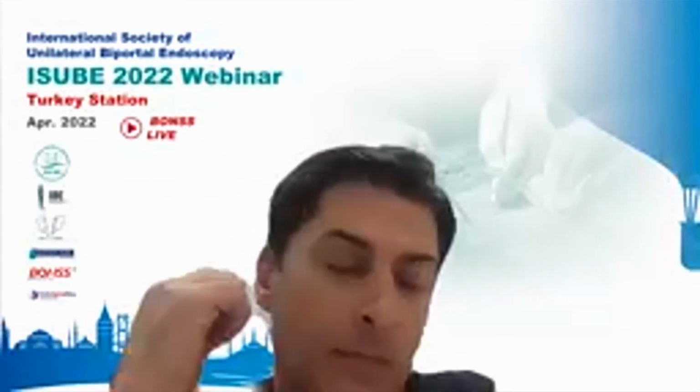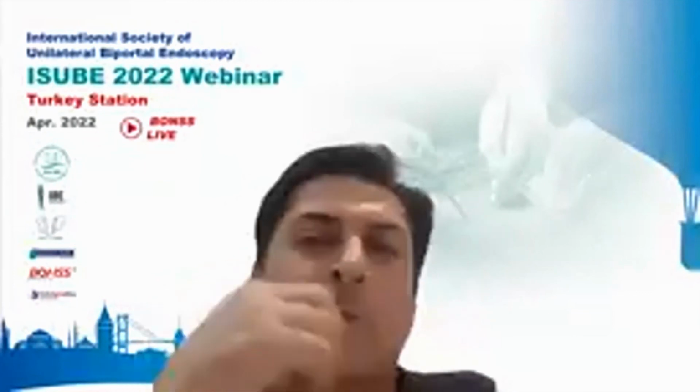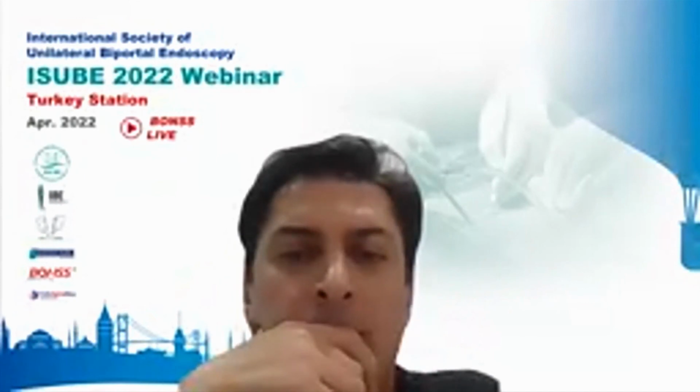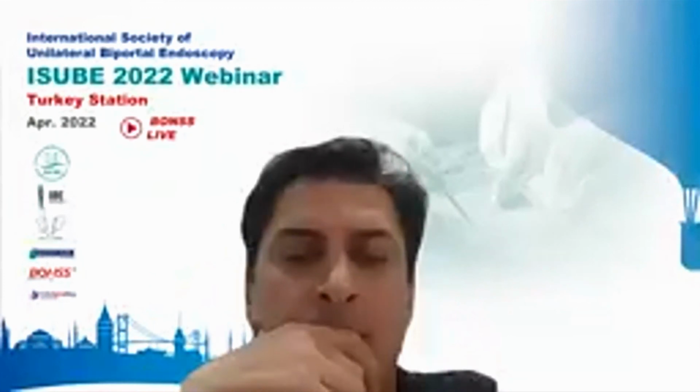First, I start from the base of the spinal process, which is similar to open surgery and also similar to the spare tip technique. Then the tip of the spinal process will go upside.